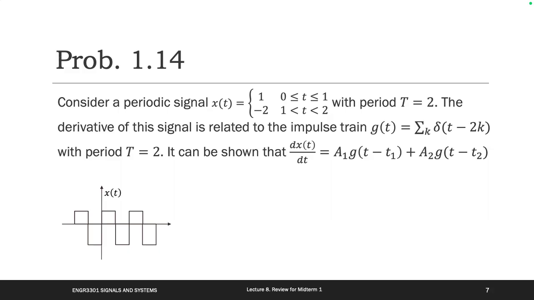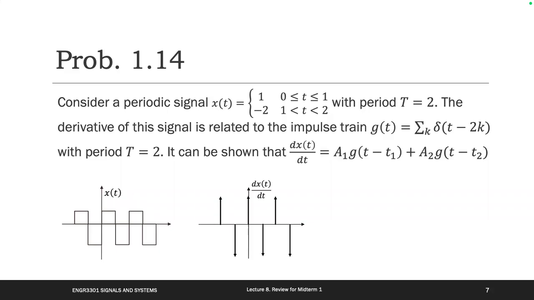And this is the impulse train. Why is it called a train? Because it's just like a train, repeating like that. No, this one is not like a train. This is the derivative signal of x(t). You can see when taking the derivative, only the changing part will have value.